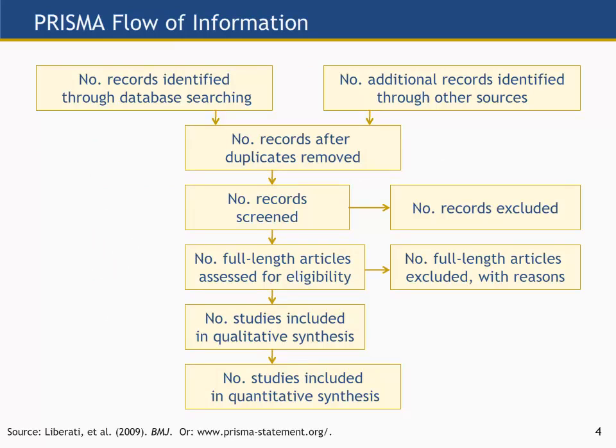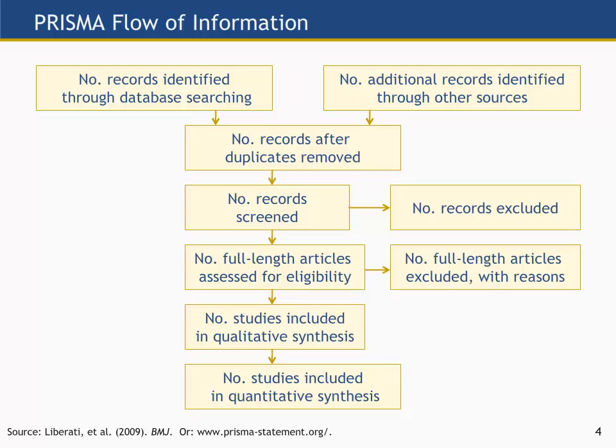PRISMA is a standard for transparent reporting of systematic reviews and meta-analysis. It's an excellent source. It's a nice tool that you can use to get an overview of what's required to do a high-quality, rigorous review. I've given you the website here. There are various articles that present this information.